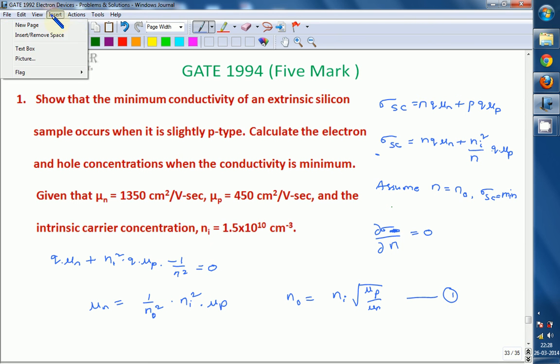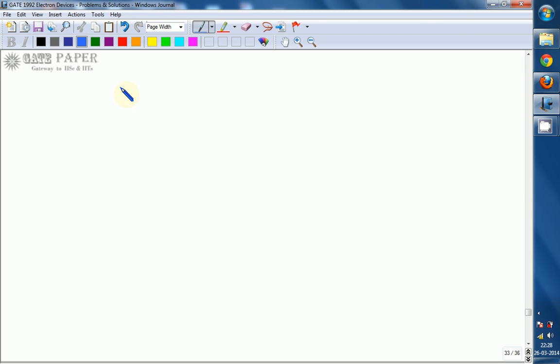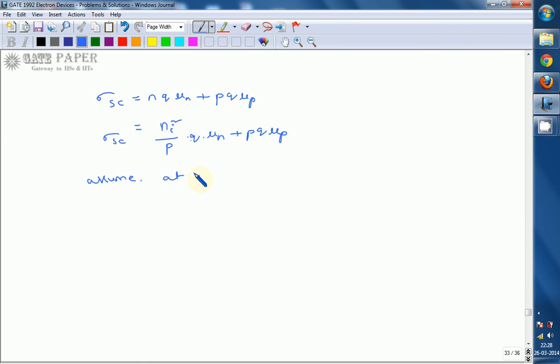Here, sigma of the semiconductor is n q mu n plus p q mu p, and using the mass action law, n can be represented as ni square divided by p, giving ni square by p into q into mu n plus p q mu p. This is sigma of the semiconductor, and assume that at p equal to p naught, sigma of the semiconductor is minimum.